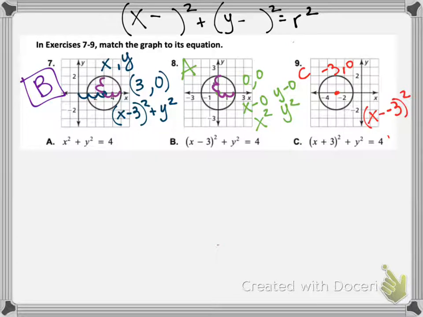So when you plug in that negative 3, it's going to make it into a positive. And then again, when you plug in 0, it goes away. So those are your answers. You got B, A, and then C.